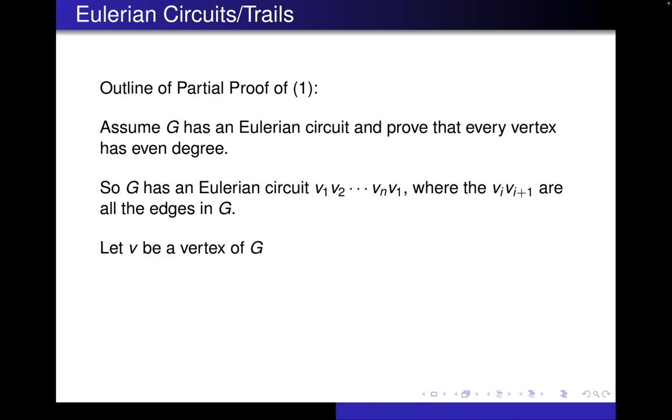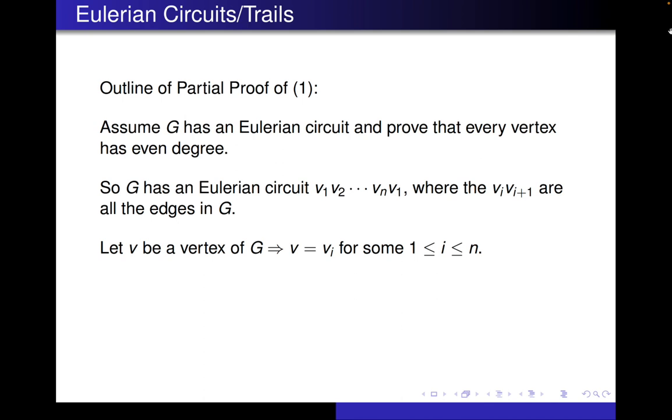All right, so let's look at a random vertex of G. We know that that Eulerian circuit has all the edges in the graph. But if it has all the edges, that means it has to include all the vertices as well, right? Each of the edges has a vertex attached to it. It's got to have all the vertices in the graph.